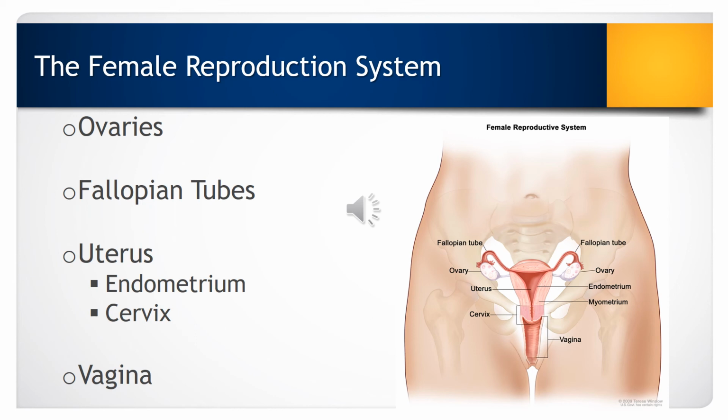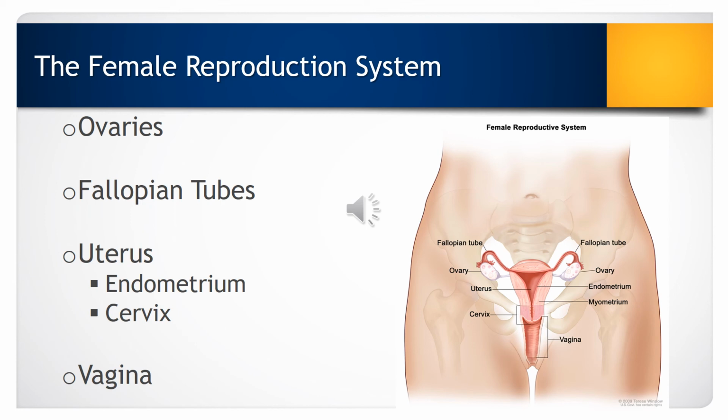Each follicle has the opportunity to become a mature ovum, otherwise known as an egg. And we'll get into that when we talk about the menstrual cycle. Maturation of an immature follicle takes place because of hormones, especially estrogen.